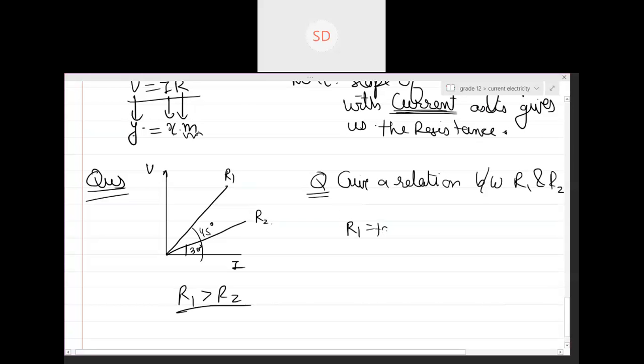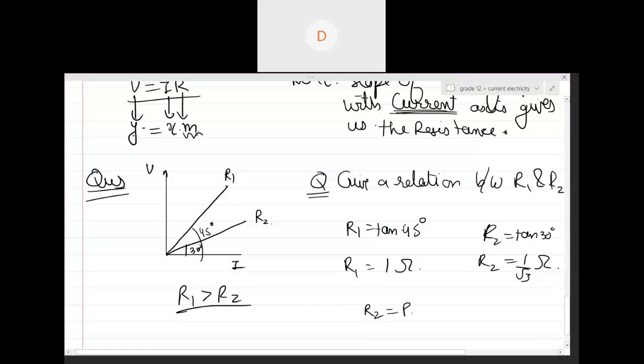R1 will be basically tan of 45 and R2 will be equal to tan of 30. So basically this is 1 by root 3 ohms plus 1 ohm. What is the relationship between R1 and R2? R2 is equal to R1. Is this clear, guys? Yes, sir.